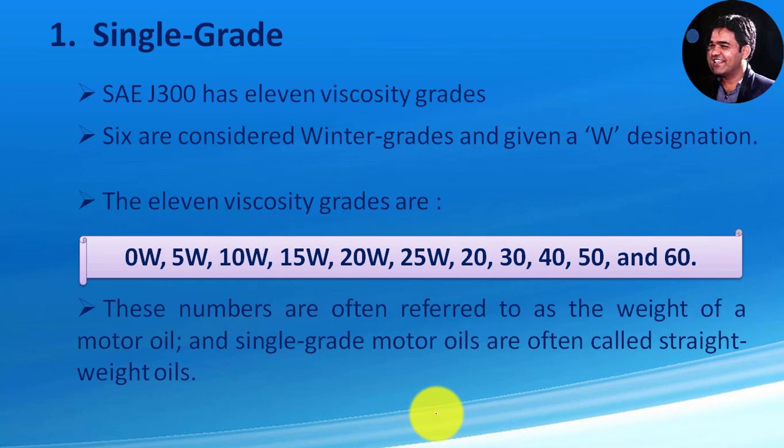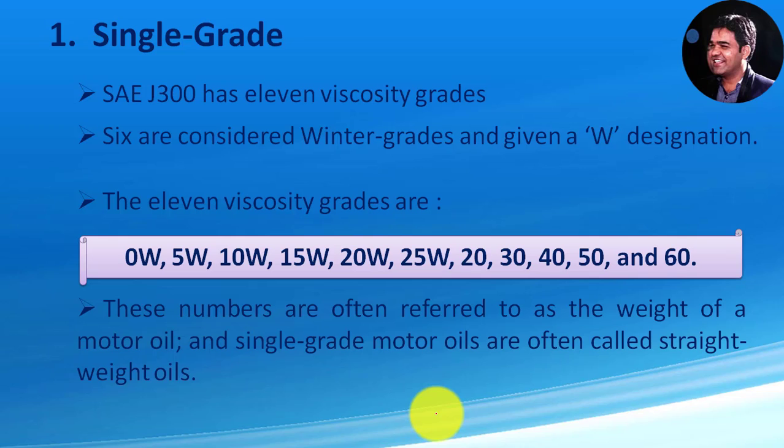The first one is known as the single grade engine oil. As I said, SAE has prescribed the standard known as SAE J300. It has 11 viscosity grades. Amongst the 11 viscosity grades, 6 are considered for the winter environment, which are known as the winter grades, and they are given a W designation.